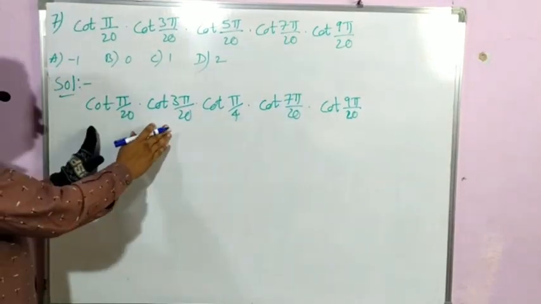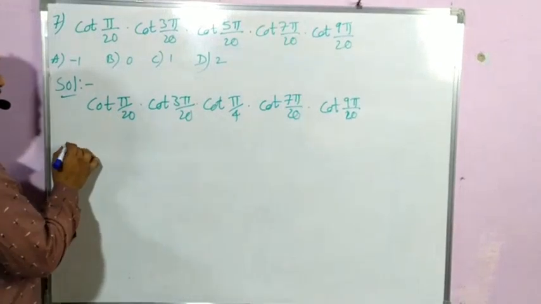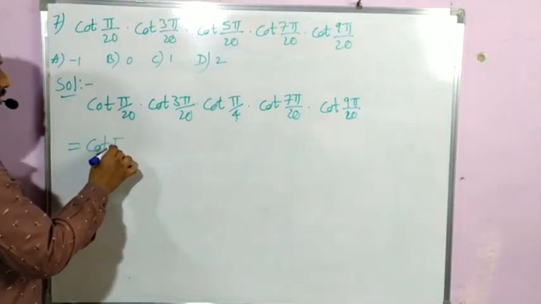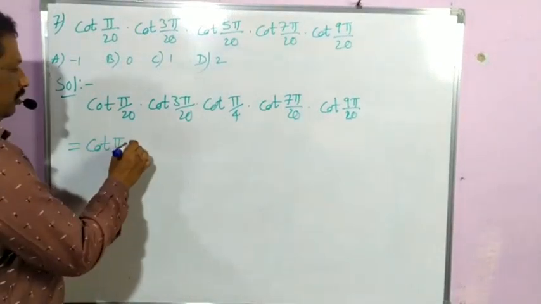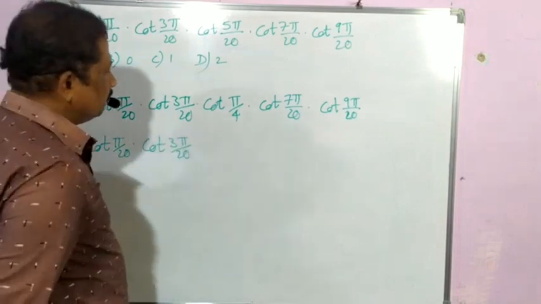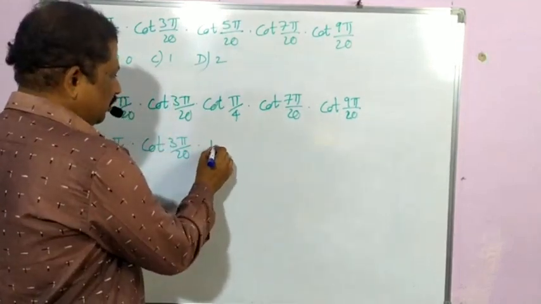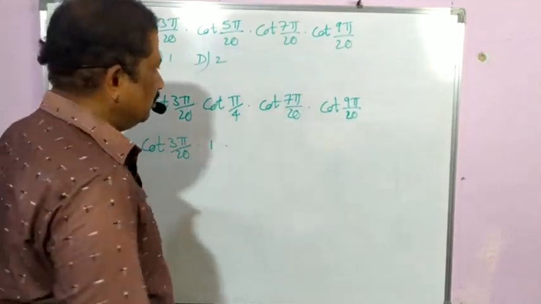Now these two keep like that only. These two you have to convert in this form. So cot pi by 20 into cot 3 pi by 20. This cot 45 degrees is 1. Cot 45 degrees value is 1.